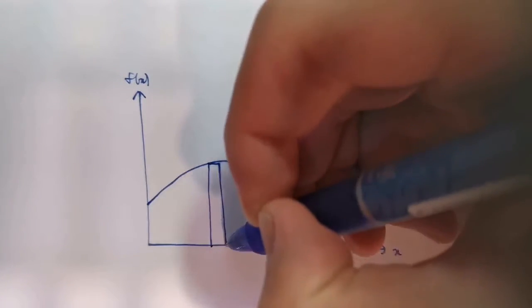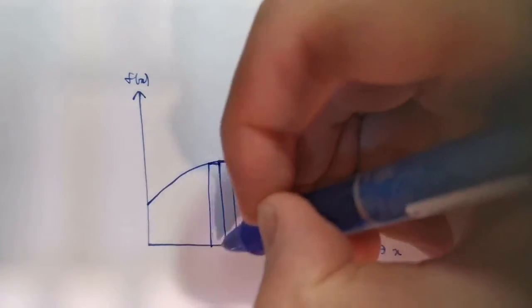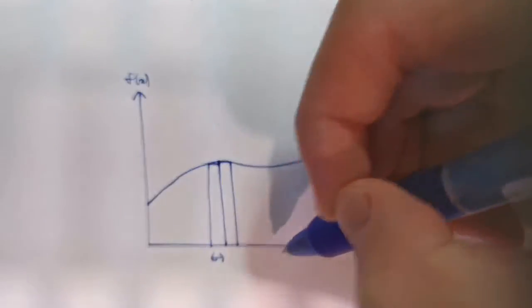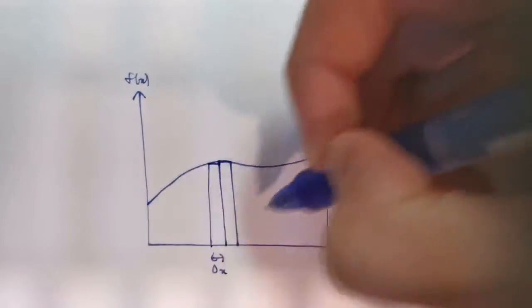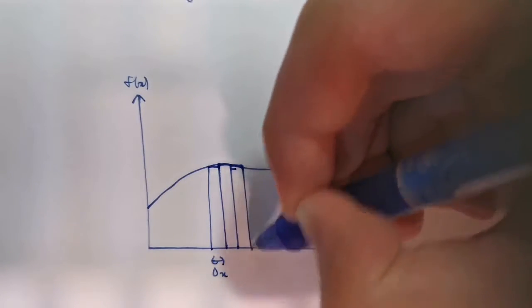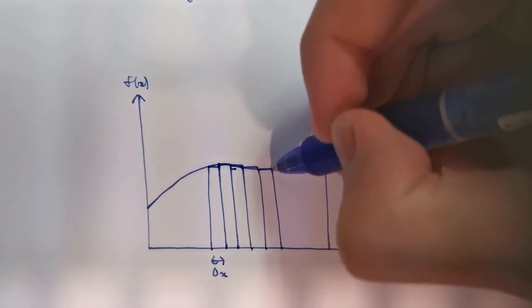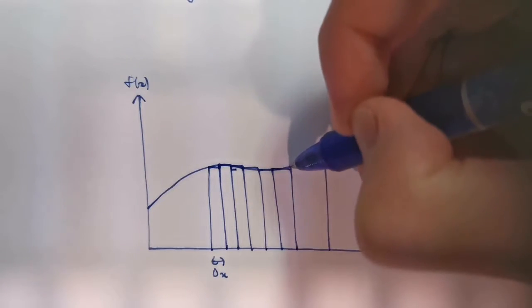What we can do is we divide it into rectangles, and each rectangle has a width of delta x. You basically divide it something like this.